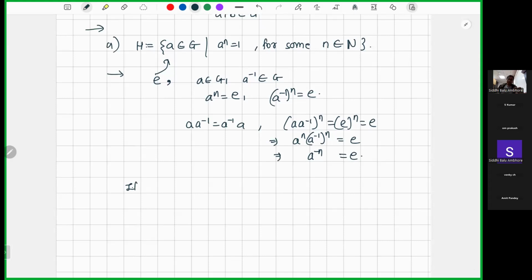First thing to observe is that if G is abelian, and A power n is E and B power m is E, then (AB) power mn, since G is abelian, is A power mn times B power mn, and this will be E times E, right?